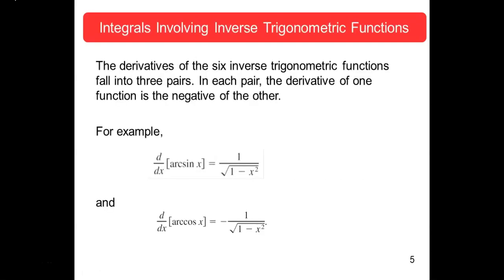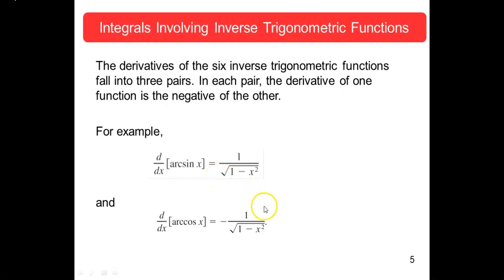So on the last batch of slides, we were looking at the derivatives of all 6 inverse trig functions. On this slide in particular, there's 2. As you can see, we look at the derivatives of arcsine and arccosine. Notice that they're very, very similar. The difference is, when you take the derivative of arccosine, it's simply the same as the derivative of arcsine, but with a negative sign in front.